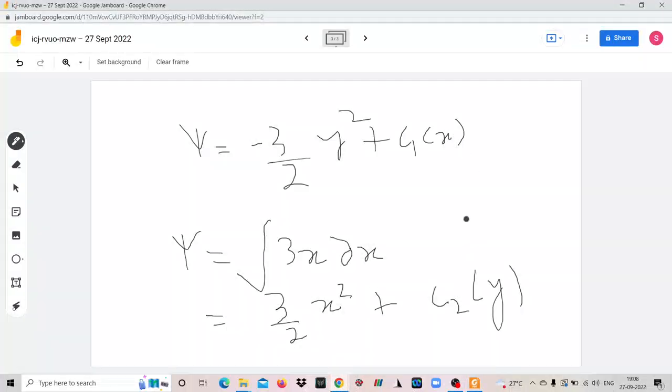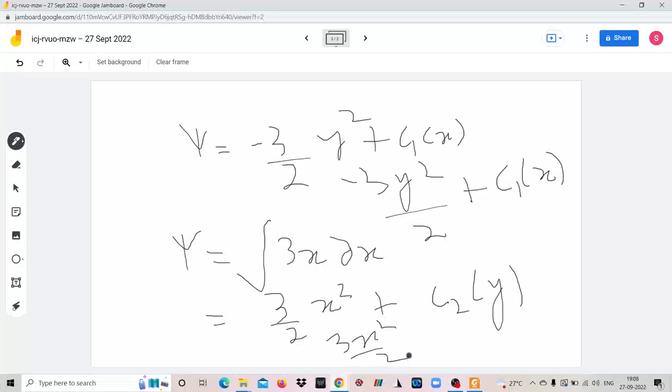Now c1x and c2y, if you look at the values of c1x and c2y, psi from one part is minus of 3y square by 2 plus some function of x, and from the other look it is 3x square by 2 plus c2y, that we have seen here. Means there are two expressions.